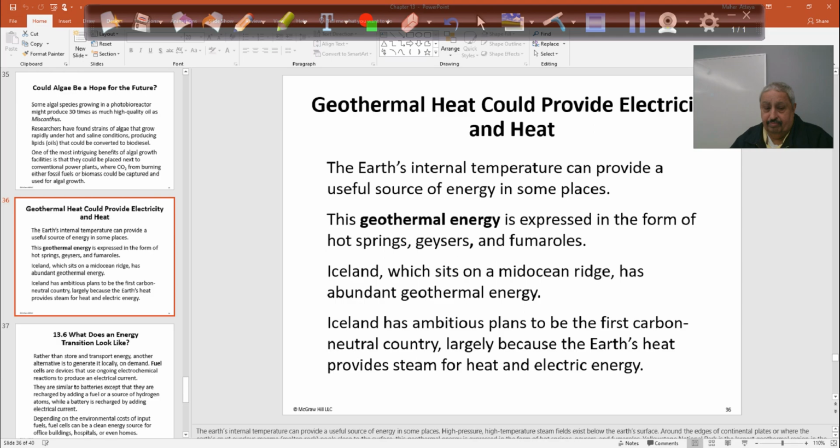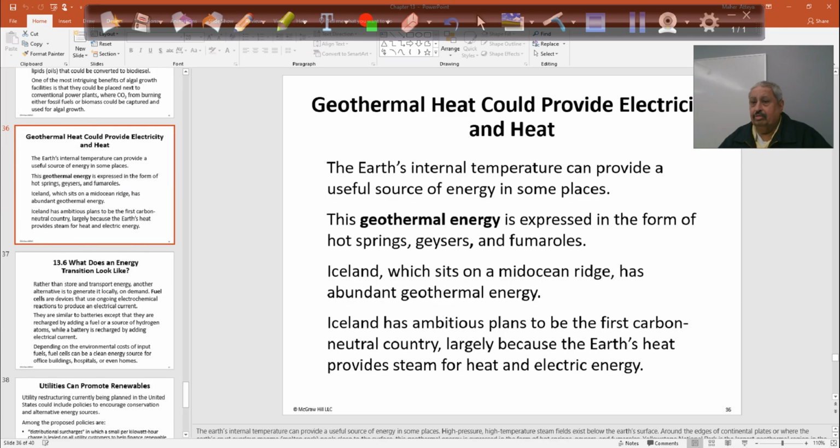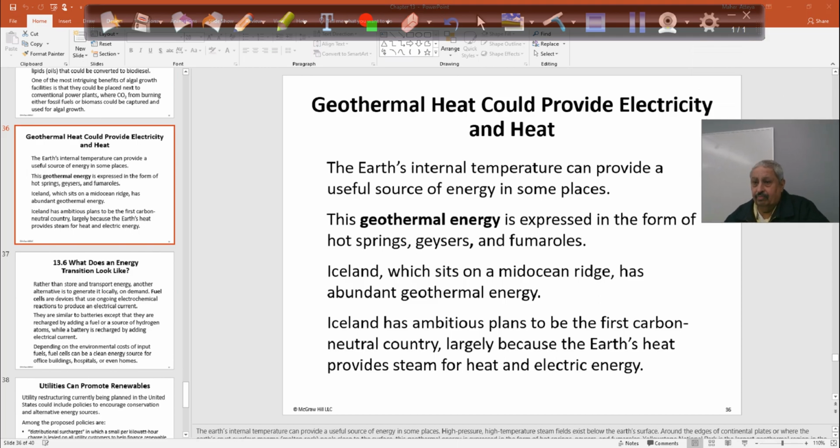So, geothermal heat could provide electricity and heat. Well, geothermal heat means you have glaciers that really produce by itself without any interference of us, produce a lot of natural gas, methane, correct, will come out. There are some areas we can find this. Where can we find this area here in our country, the geothermal?